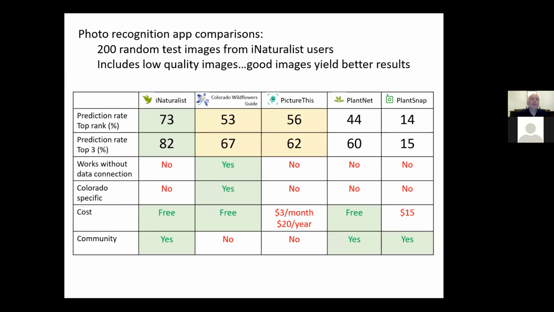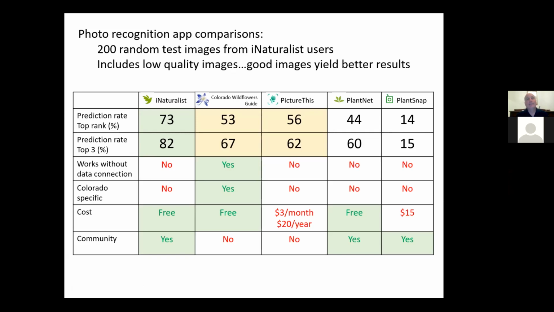So here, the first row is whether or not it got the right answer as the number 1 choice. And the second row is whether or not it got the right answer as one of the top 3 choices. And you can see that iNaturalist by far has the best model. And this included photos that did not pass that test, where the flower was really small or out of focus.